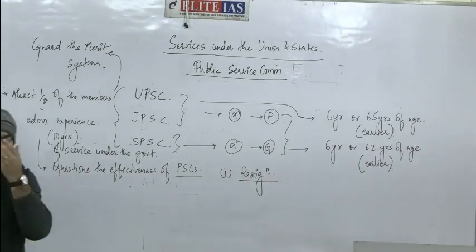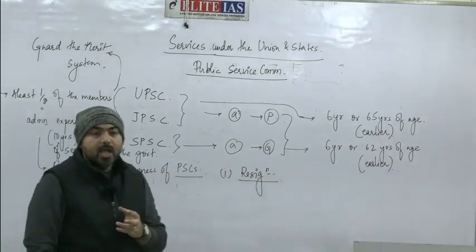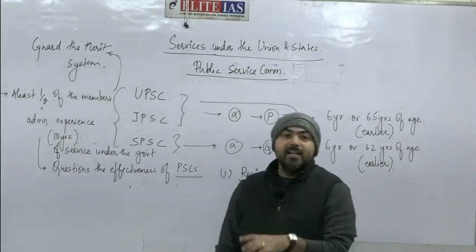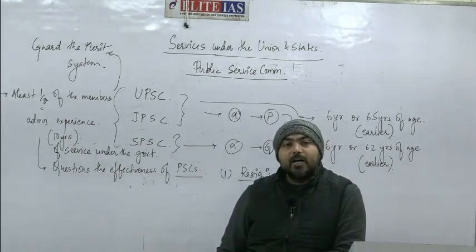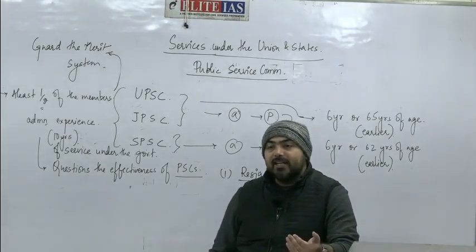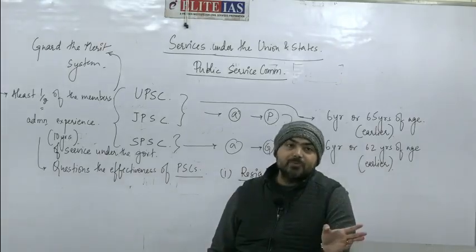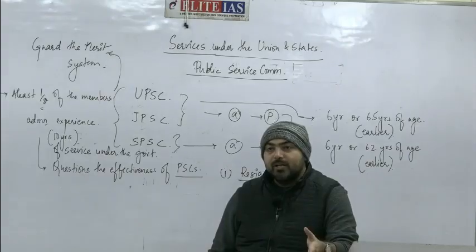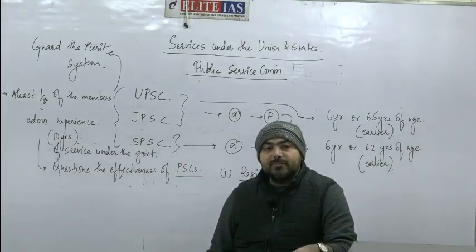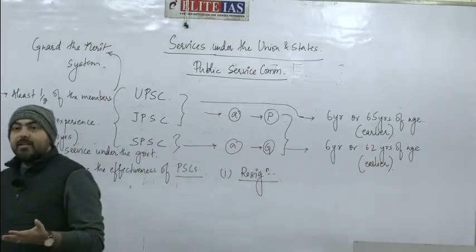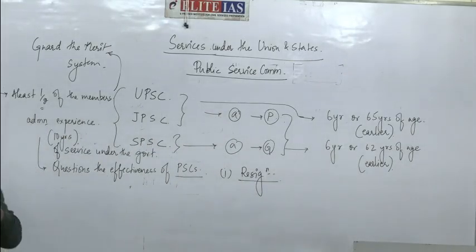But how is this misbehavior or incapacity decided? It is politically decided. In the case of judges, both houses pass a resolution and accordingly a process is followed. Even for the Comptroller and Auditor General, the process is mentioned in the Constitution itself.